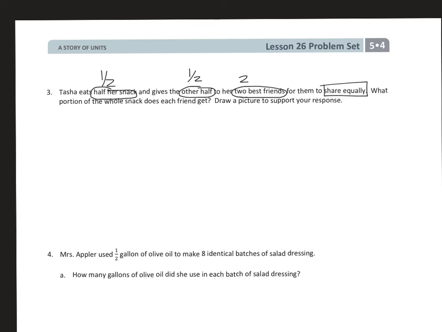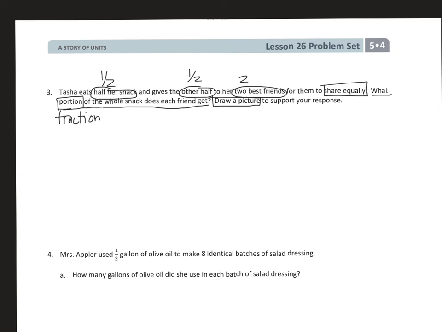That tells you that we're dividing. They want to know what portion of the whole snack does each friend get. Also, for the word portion, I want you to box it, and underneath it, I want you to also write the word fraction, because portion is another word for fraction. They want us to draw a picture to support our answer.